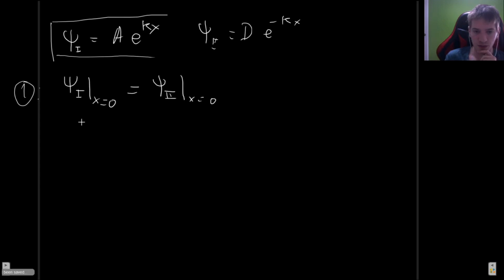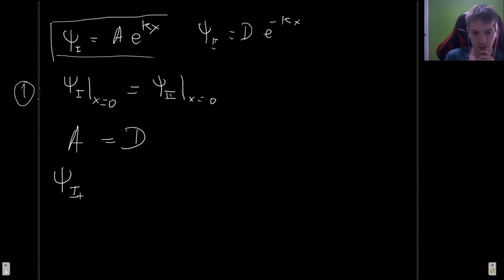So when we replace our functions here, we get A times e to the 0, which is just 1. So A is going to be equal to D. That's the first thing. Let us now rewrite our function.